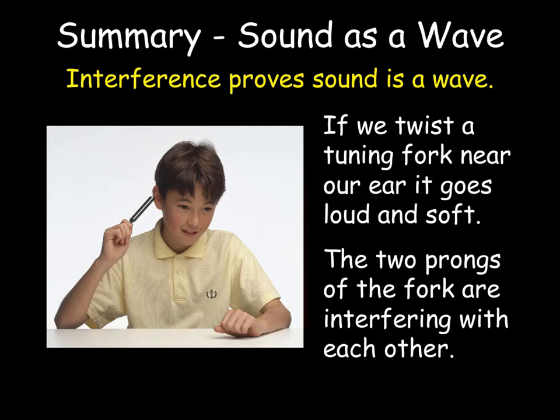Okay, so sound is a wave as well, as proved by the Doppler effect on the previous slide. What proves that sound is a wave is interference. It proves light is a wave as well. Light is proved as a wave by the diffraction grating experiment. The spots on the screen are an interference pattern of constructive and destructive interference.